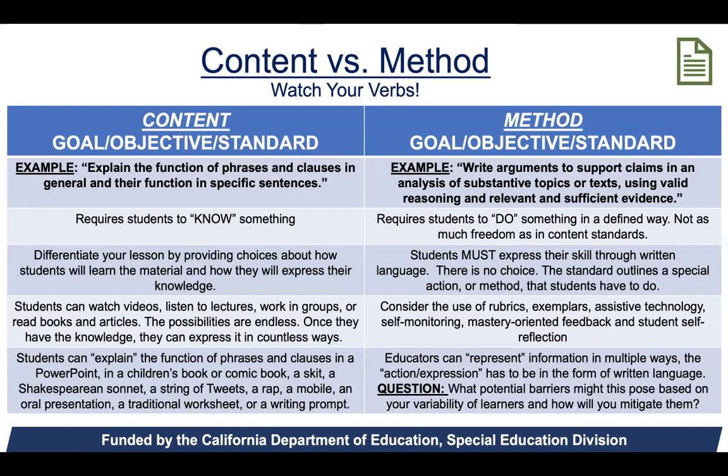You can write the definition in your own words. You can provide an example of each. You can write verbs that are specific to content standards and verbs that are specific to methods standards. Remember, verbs within content standards are broad, verbs within method standards are very specific.